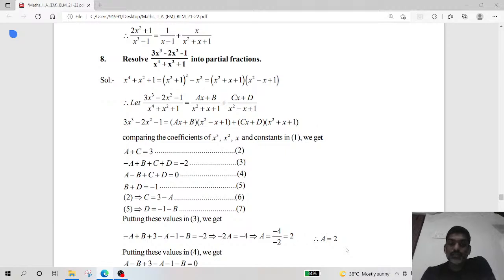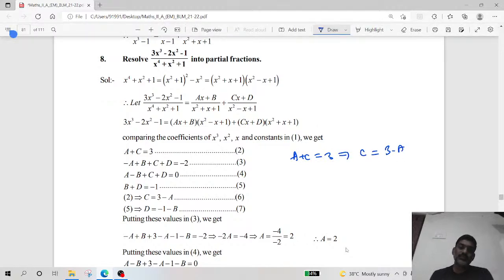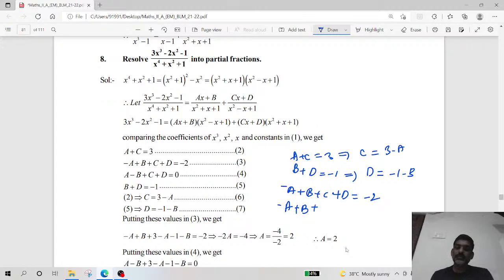What is that a value? Understood here what we have done? We have a plus c equal to 3, from this we get c equal to 3 minus a. And here we have b plus d equal to minus 1, from this we get d equal to minus 1 minus b. Already we have minus a plus b plus c plus d equal to minus 2. Substitute the values here: minus a, plus b, plus c that is 3 minus a, plus d that is minus 1 minus b, equal to minus 2.